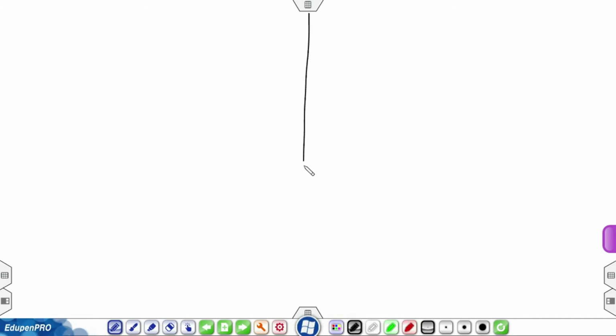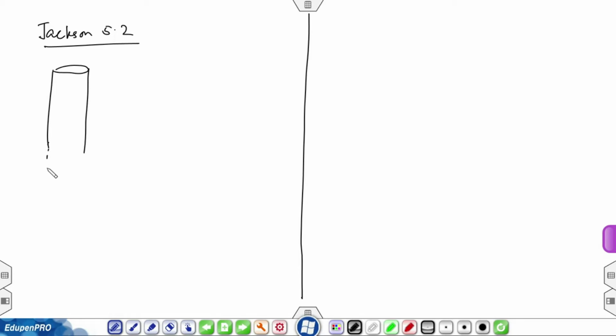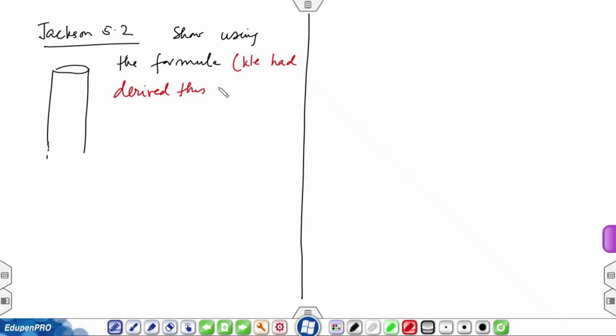The next problem that I am going to do is from Jackson, problem number 5.2, which says given a solenoid of infinite length, show using the formula, and I want to remind you we had derived this in one of the previous lectures.